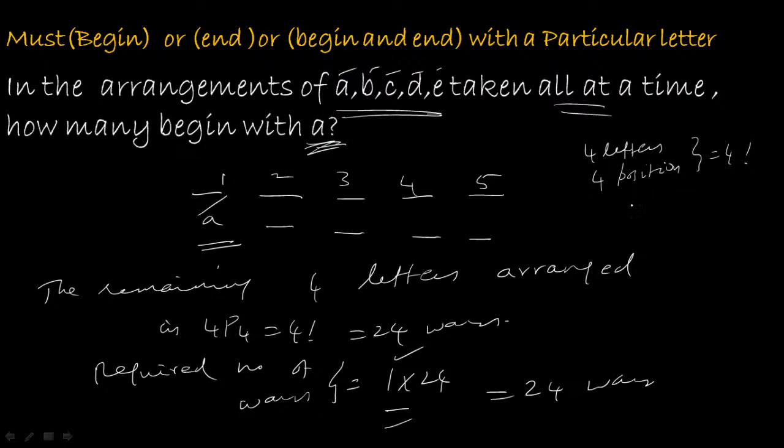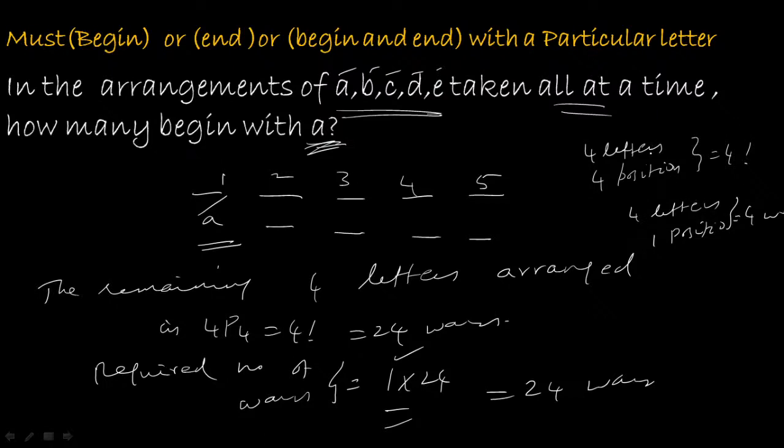But if it is 4 letters and there is only one position, you have only 4 ways. Either you place the first letter, second letter, third letter or fourth letter. I think you got a clear idea about this.